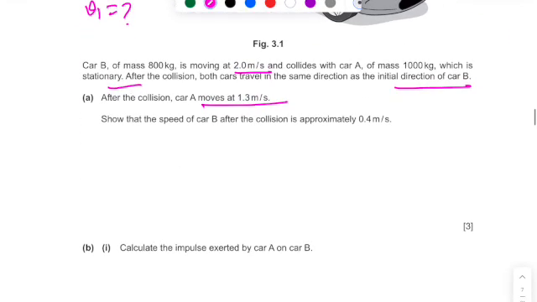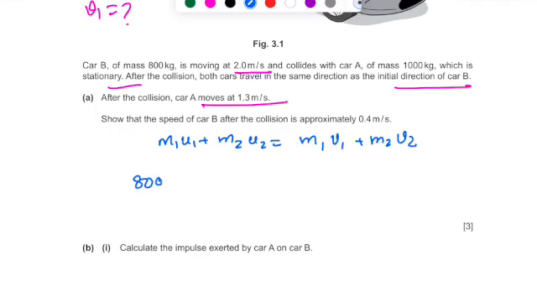So now this is a collision. This is momentum, the law of conservation of momentum. So momentum before collision should be equal to momentum after collision. M1U1 plus M2U2 equals M1V1 plus M2V2. So this is 800 times 2 plus 1000 times 0 equals 800 times V1 plus 1000 times 1.3.